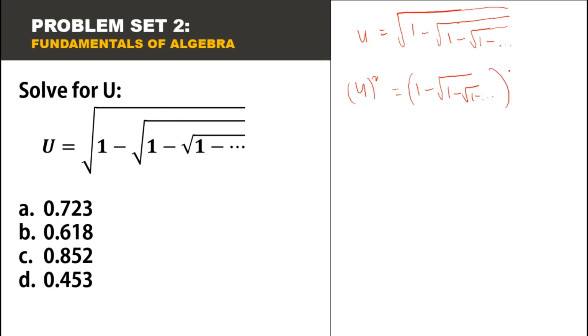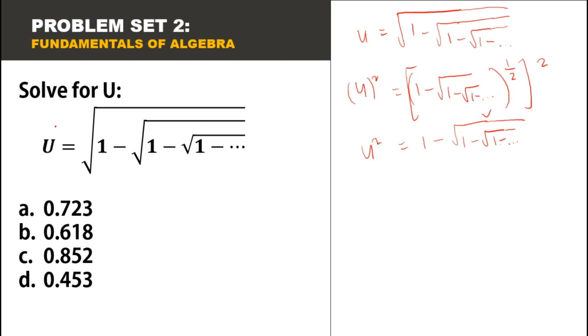the square root, which is exponent 1/2. Squaring both sides, 1/2 times 2 is 1. So u squared equals 1 minus, and as you can see, this expression is actually just equal to u.